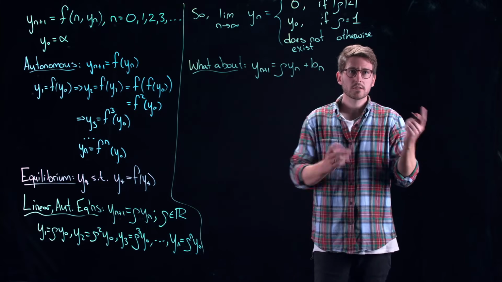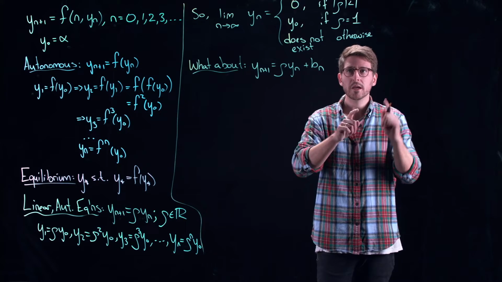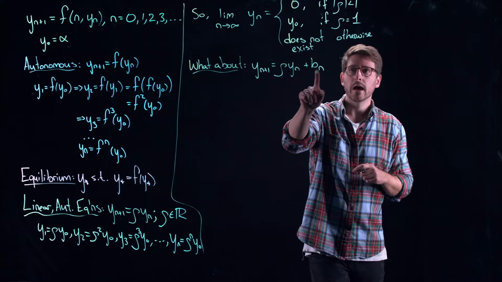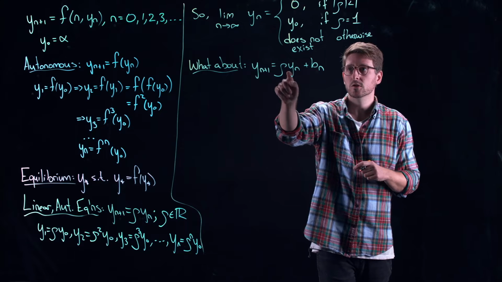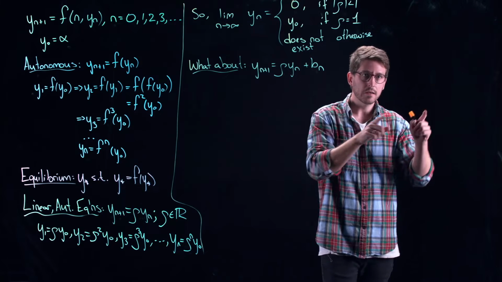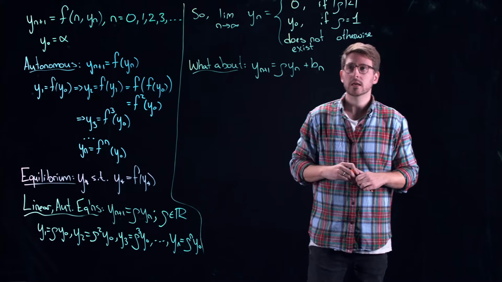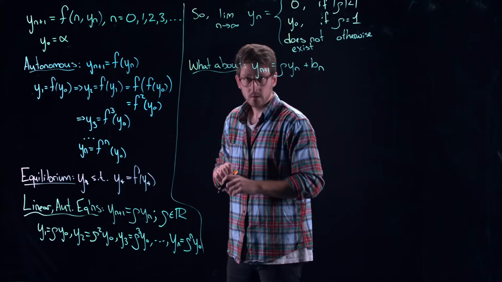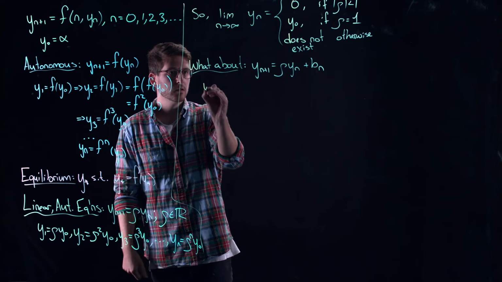Okay? So there's some little perturbation that's taking place at each step. So you do your usual y_n multiplication, and then I give you a little b_n that might kick you in a different direction.